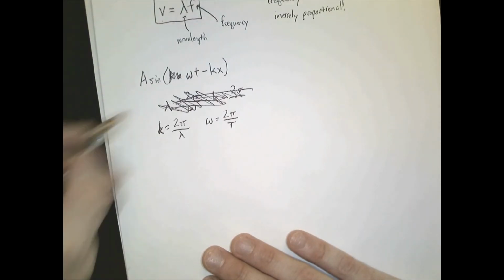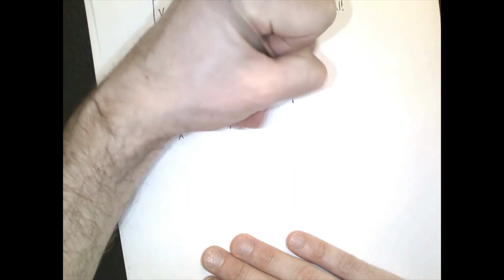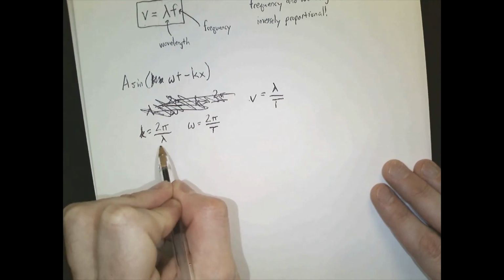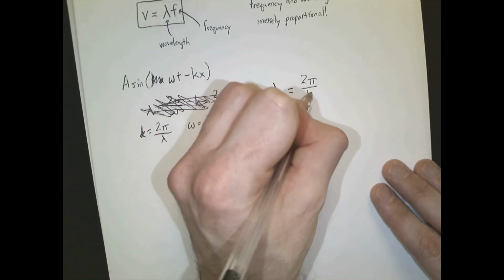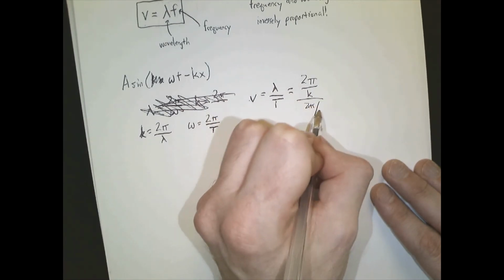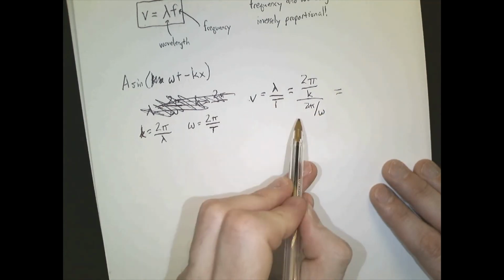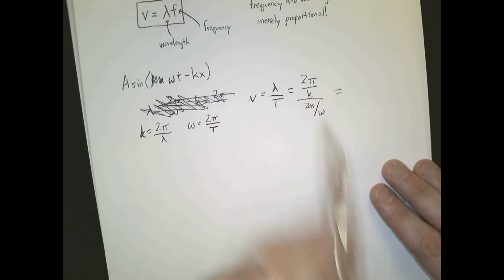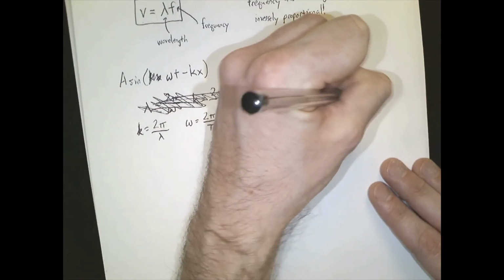So if we go back to this velocity formula, lambda over T, we can substitute in lambda as 2 pi over k and T as 2 pi over omega. The 2 pi's cancel out, the omega flips up top to the numerator, and we get that velocity is omega over k.